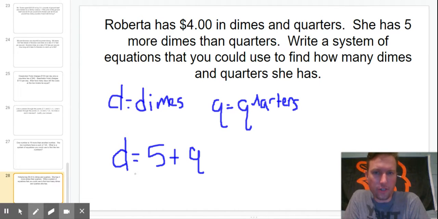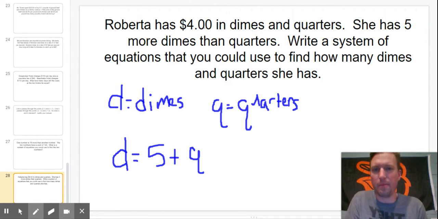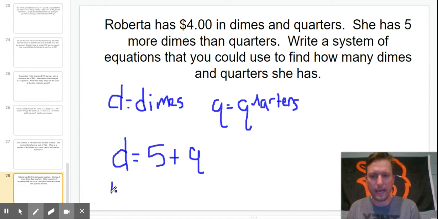My second equation is that she has $4. Now, this is where a little bit of prior knowledge is going to come into play. We don't know how many of each she has, but we're going to use the value of the coins to multiply together. So I know that a dime equals 10 cents.